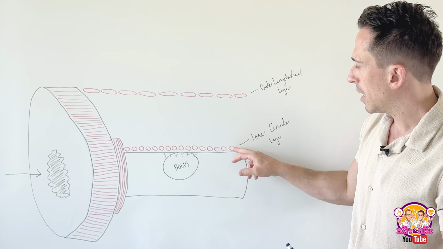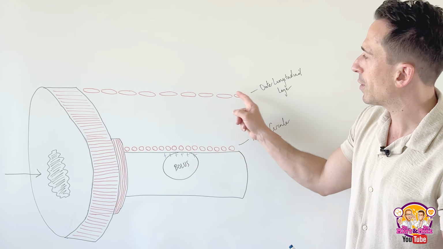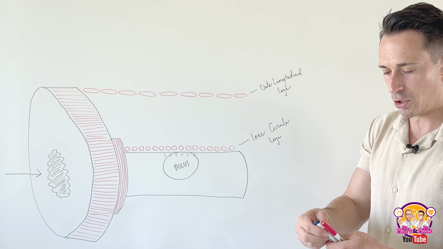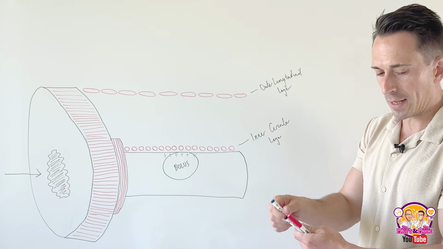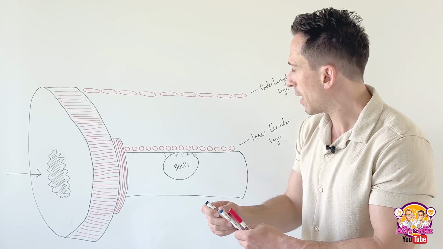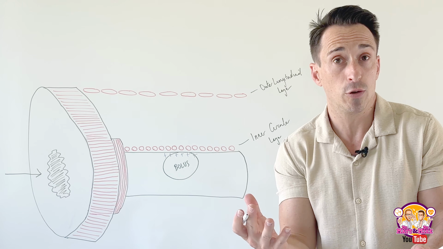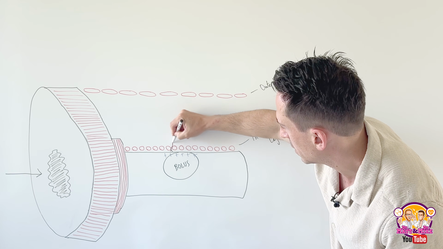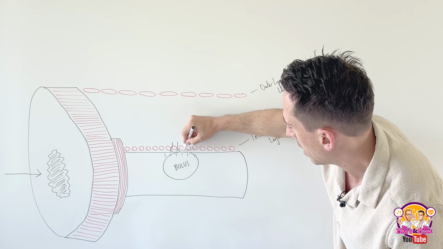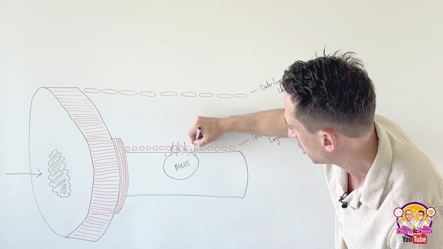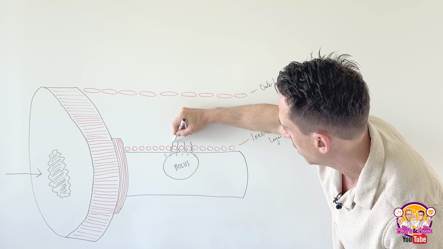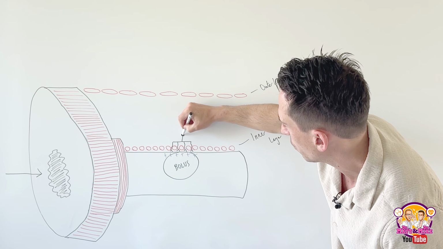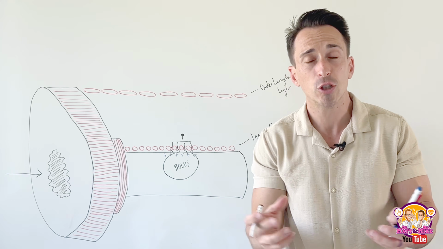I said, here are the inner circular muscles, here are the outer longitudinal muscles, and between them I said there are neurons. So let's have a look at these neurons. First, you're going to have neurons that are just sensory neurons, right? And these sensory neurons are going to have receptors that pick up changes such as changes in stretch. So this neuron here is a sensory neuron that's just picked up stretch.